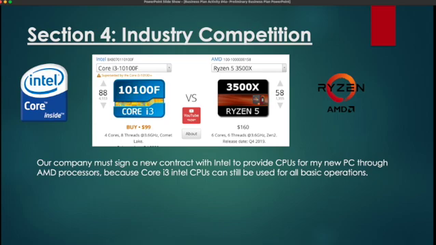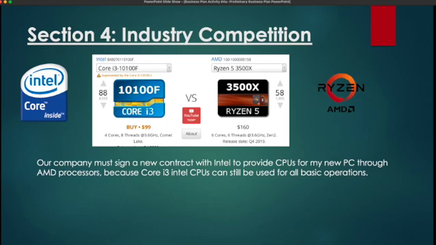There are many options for Ryzen, such as Ryzen 5, 7, 9. The Intel CPU series would be Core i3, Core i5, Core i7, Core i9, and Core i10.